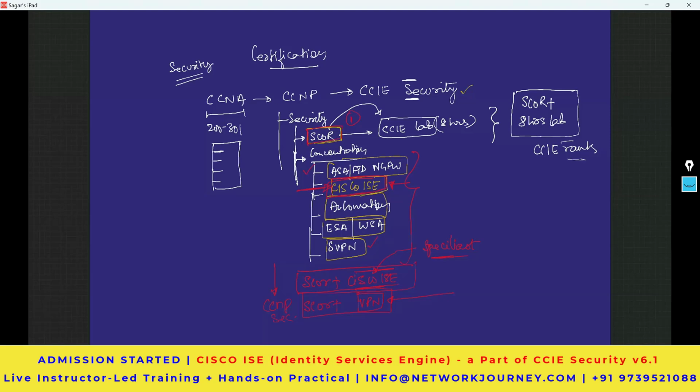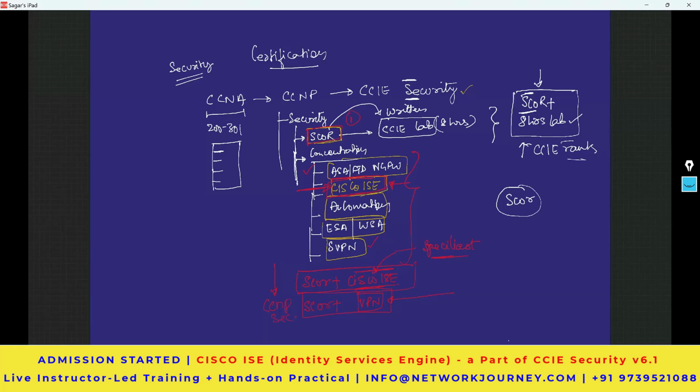The SCOR remains the same and is also called the written paper of your CCIE. And then you just have to prepare for the 8 hours of lab. And when you clear both of them, you are CCIE certified. And without clearing SCOR, you cannot book your 8 hours of lab. So SCOR is the mandatory paper.